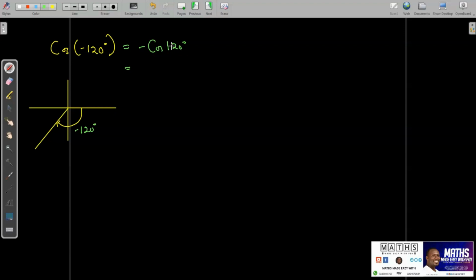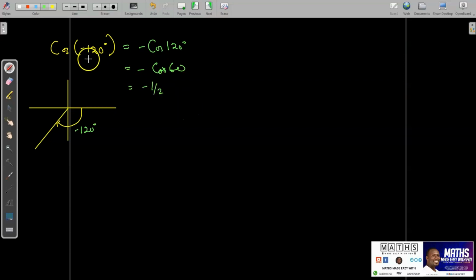Can you say 60 degrees? Yes, we can say it is 60 degrees. So it means this is the same as negative cos 60 degrees, which is going to be negative half.